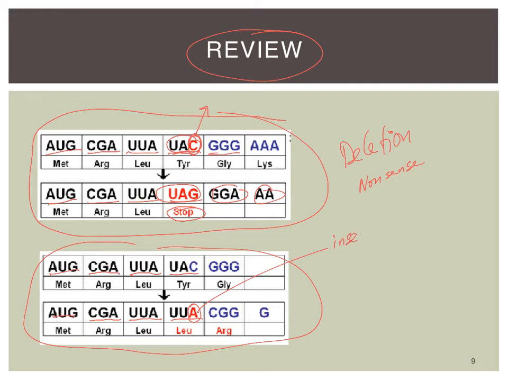Inserted. And now we're getting different amino acids. We're getting leucine and arginine as opposed to tyrosine and glycine. So when it changes an amino acid, this is an insertion. That causes what type of mutation? A missense mutation.